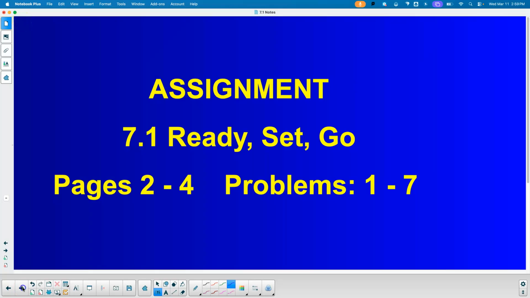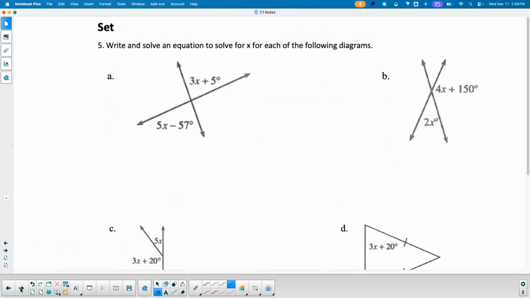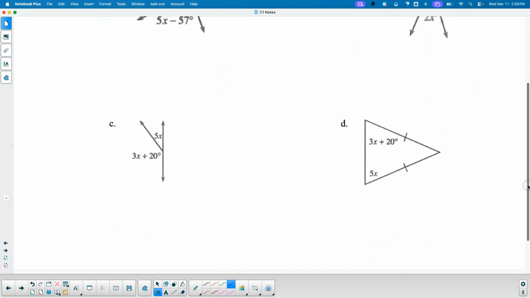So, on your homework this evening, you can handle the first page. That's just a refresher from Unit 6. On page 2, it's talking about all the different kinds of angles that we talked about today. The only one that we didn't talk about today was letter D, which is an isosceles triangle.